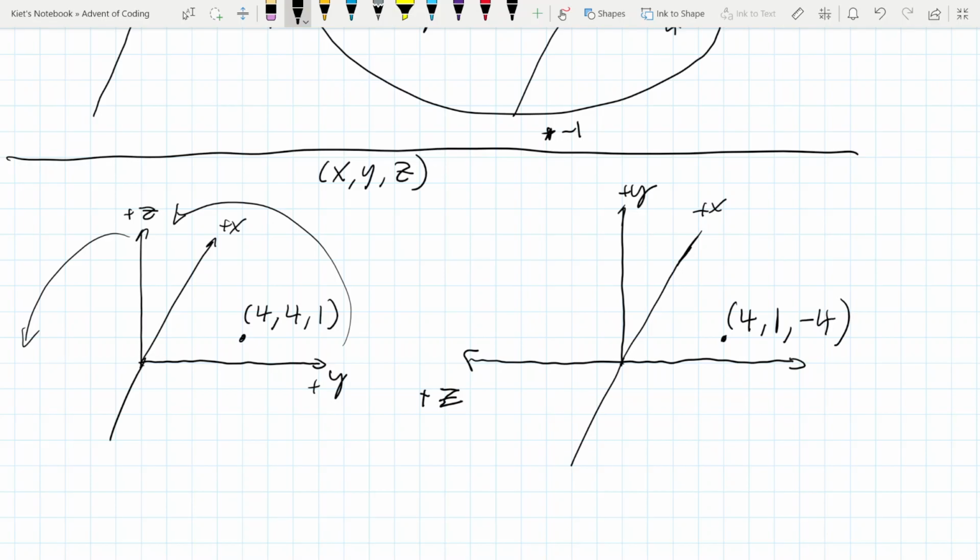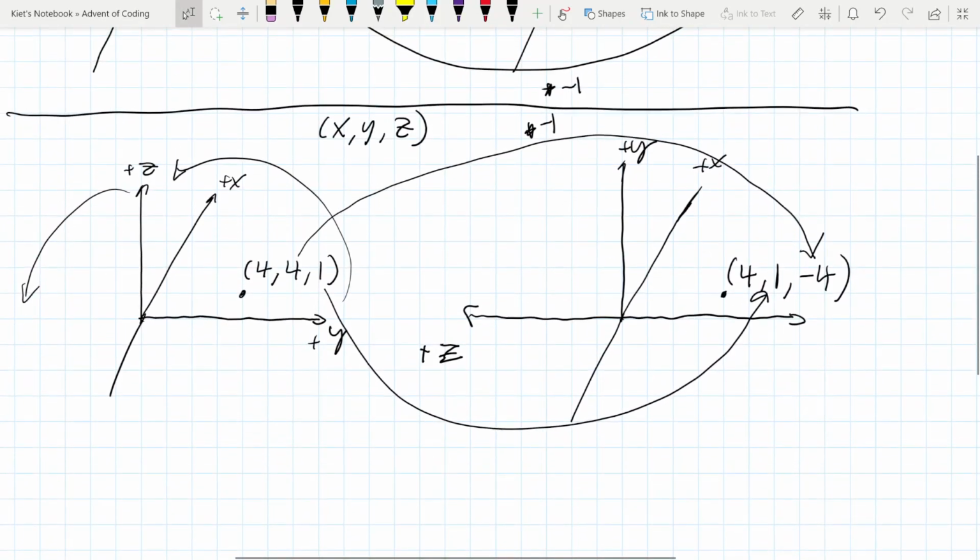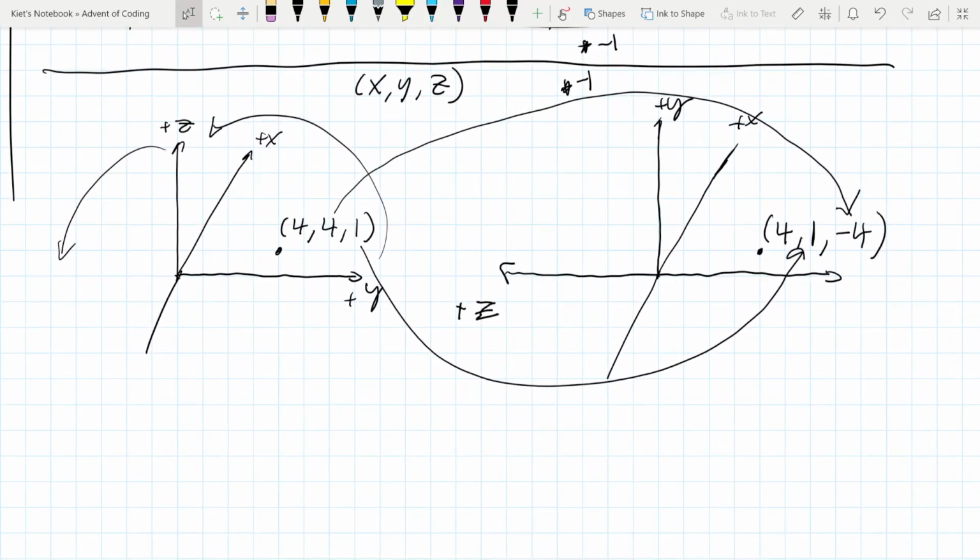All right, so this turned into that, and this turned into this. This is times -1.